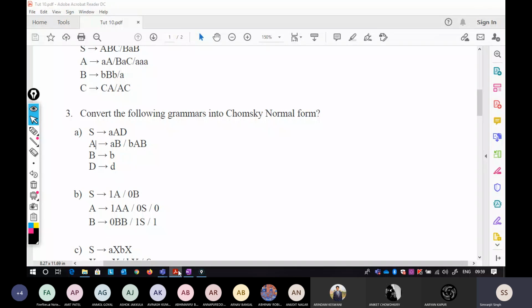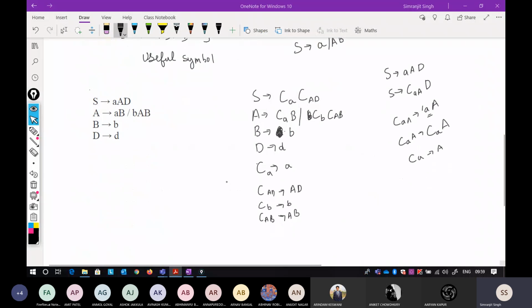Sir, wouldn't S node come, should it come or should it not? Like the first step in the Chomsky normal form. Can you repeat? I don't get your question.